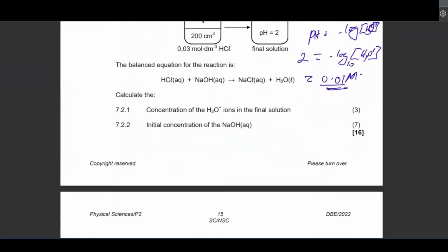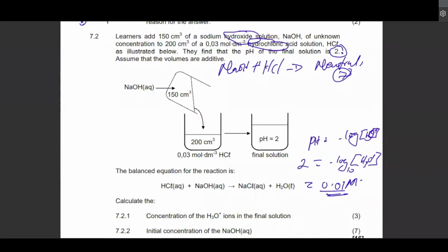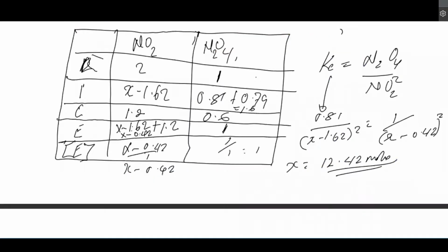Then what about the initial concentration of sodium hydroxide? Now, since it is 7 marks, you need to calculate it properly. List what is being given. So here they're saying that you have to calculate the initial concentration. So what are we going to do? Let's use this side.